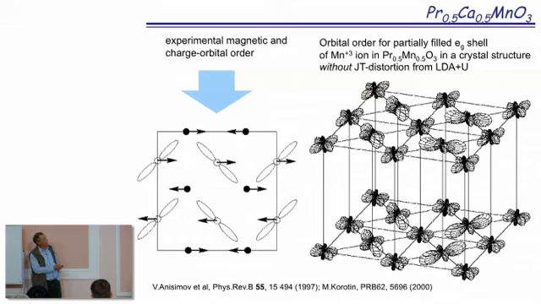Now it is 50% doped, when formally we will have 3-valent and 4-valent manganese, but experimentally you see this one. And that's indeed interesting, that the charge difference is so small between two types of manganese that you cannot call it charge ordering at all.